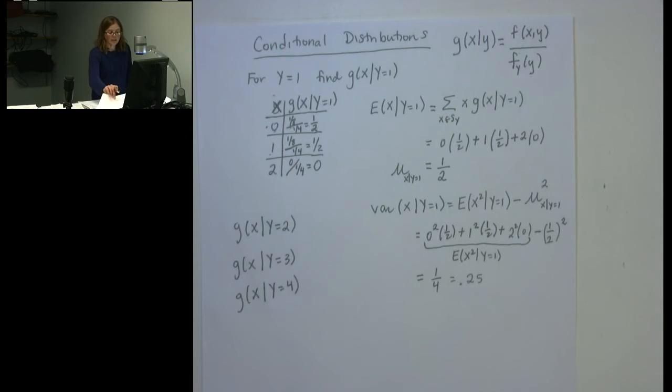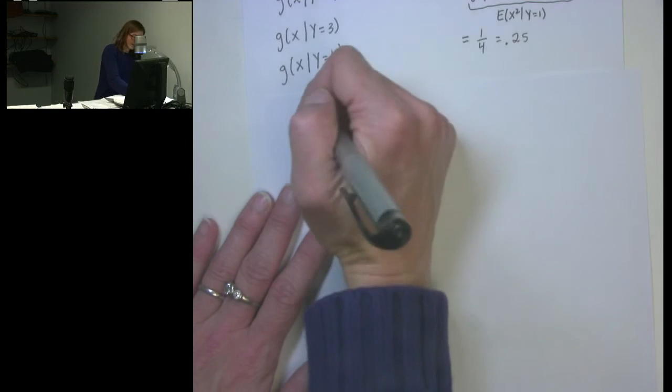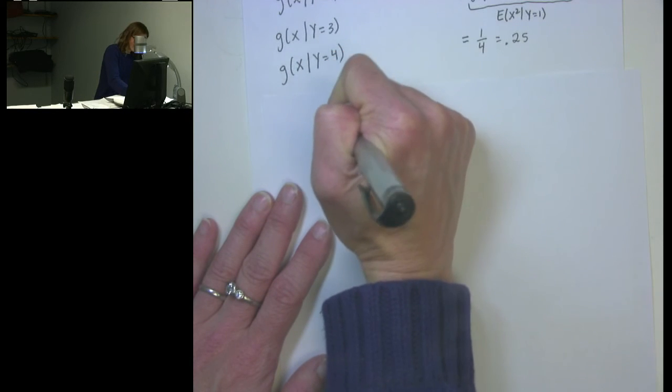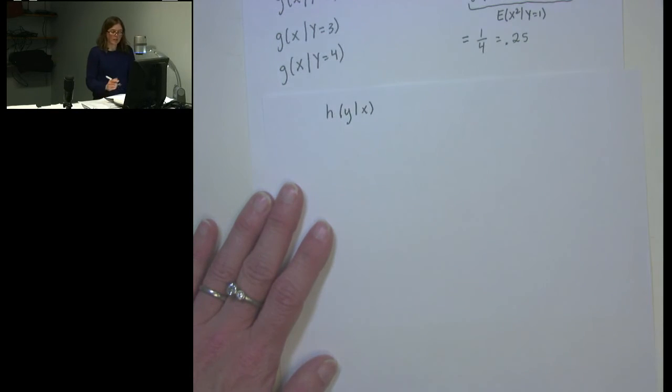Next thing we're going to take a look at is the conditional distribution of y given x. So h of y given x is our conditional distribution.